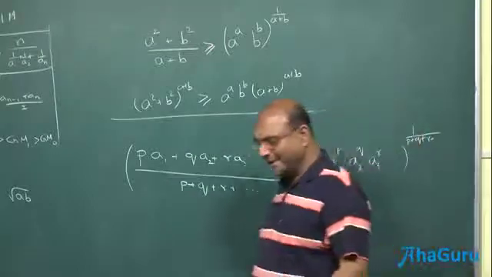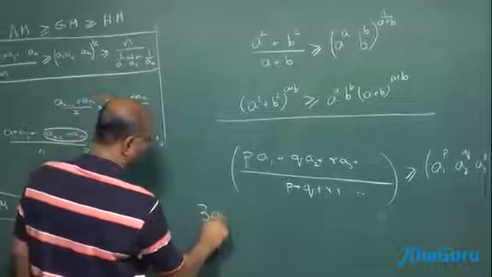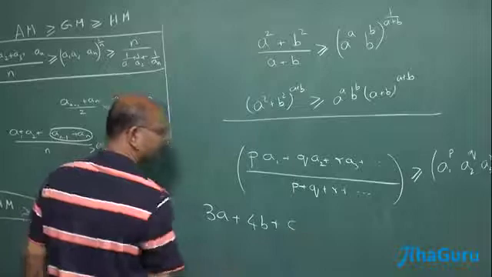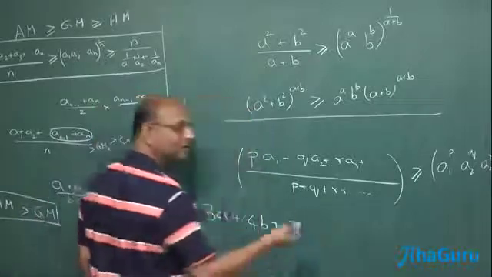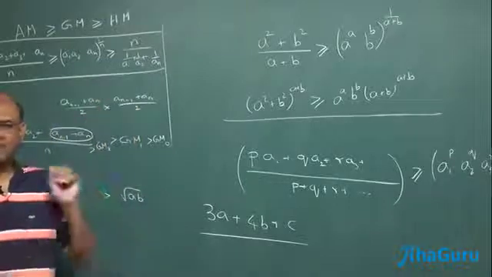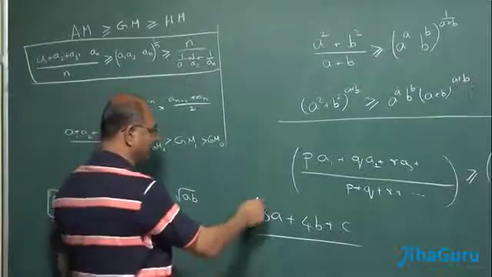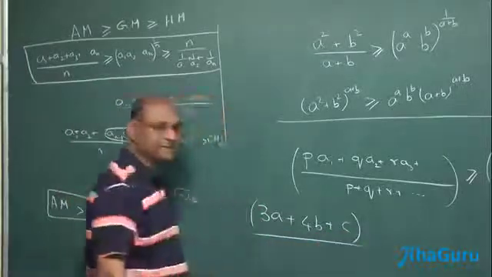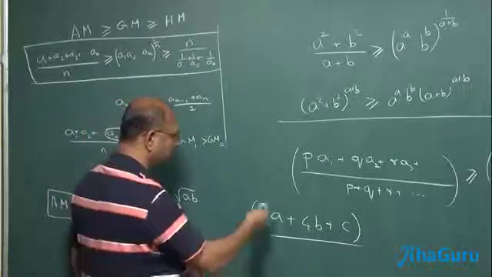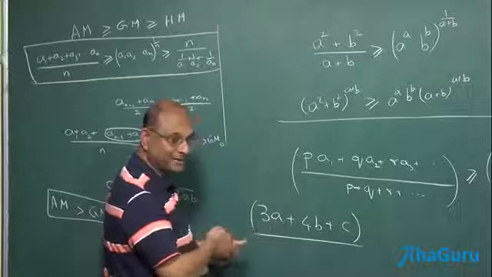Okay, so many times what will happen is, you may be given a question that looks like this. 3a plus 4b plus c is greater than, or what is the maximum value, or what is the minimum value. So let me say I want the minimum value of this. I can choose this in so many different ways.